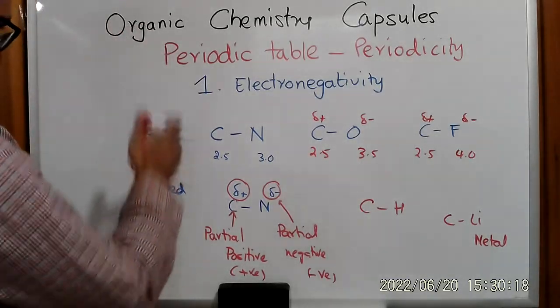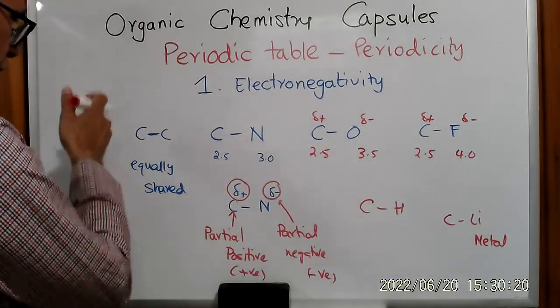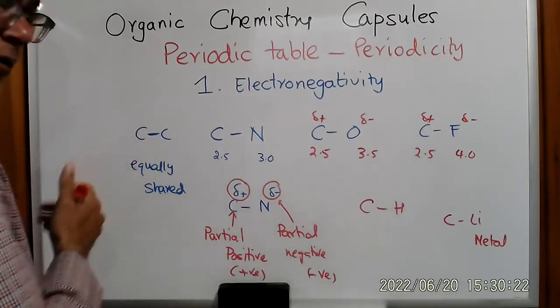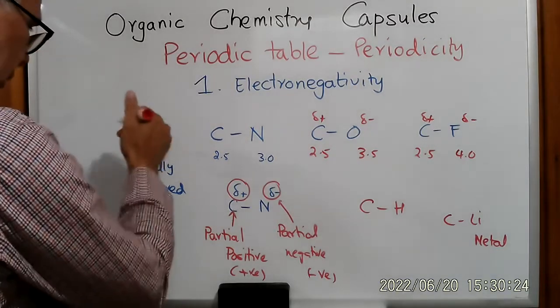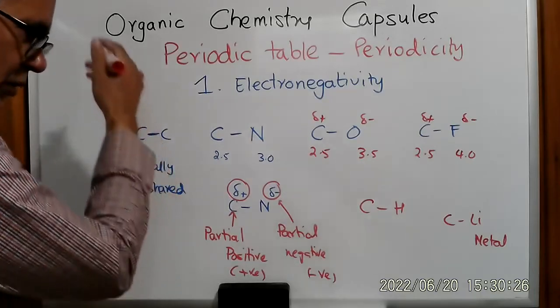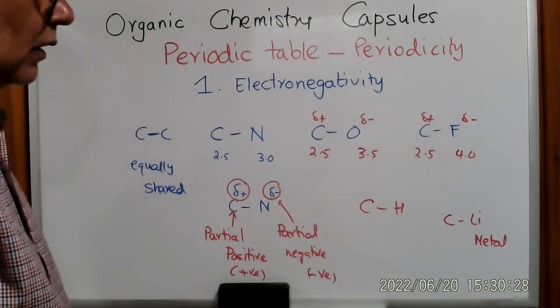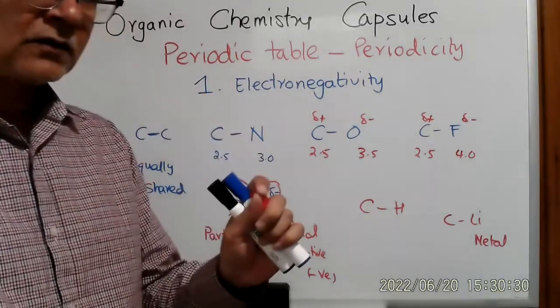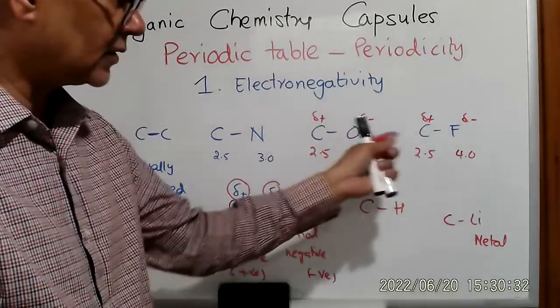First group and second group elements, lithium, sodium, potassium, and beryllium, magnesium, calcium, are all metals, and metals are not as electronegative as other elements.